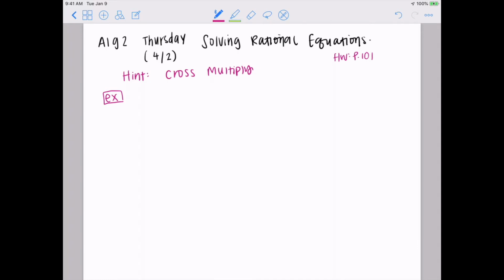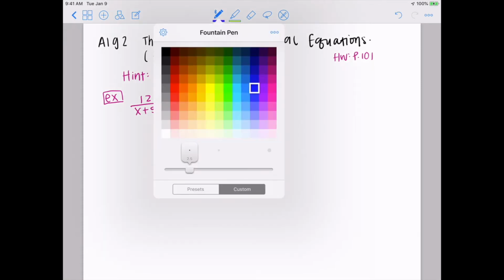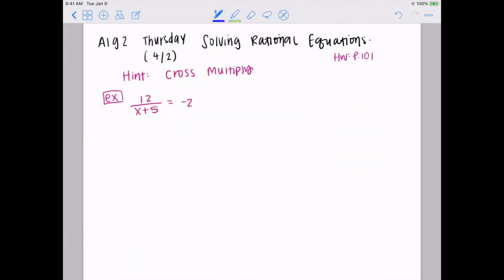Okay, so my example is 12 over x plus 5 equal to -2. Because we have just an equal sign in the middle, on the left side we only have a fraction and on the right side we only have a number, you can change the right side and make it into a fraction as well.